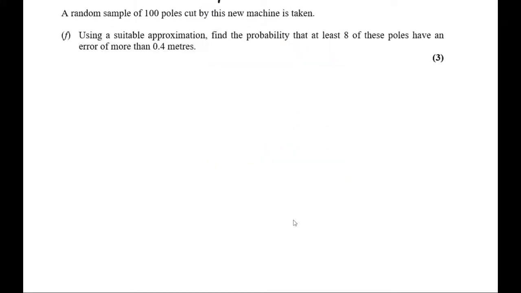Okay, so now a random sample of 100 of those poles cut by this machine are taken. Using a suitable approximation, find the probability that at least 8 of the poles have an error of more than 0.4 meters.